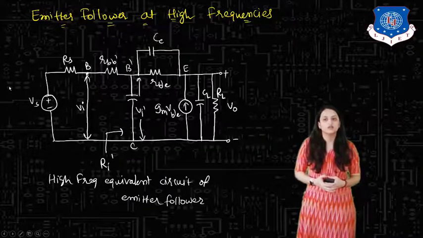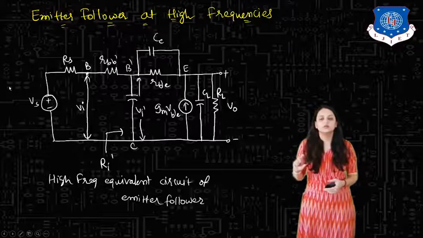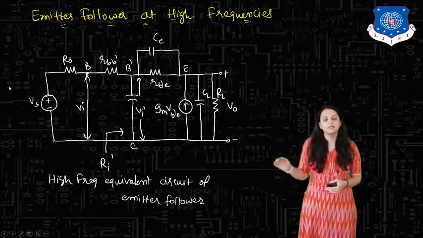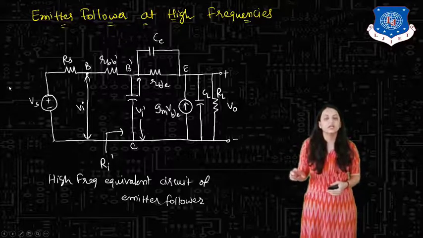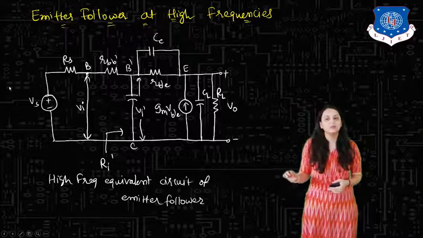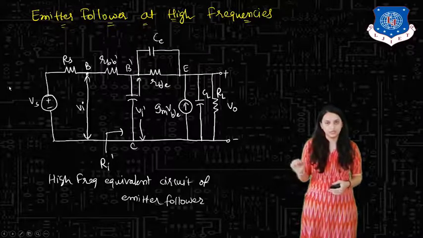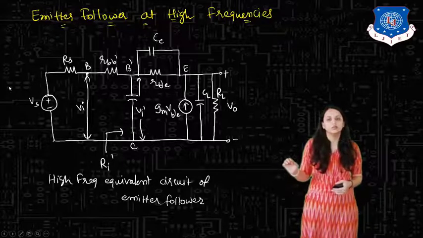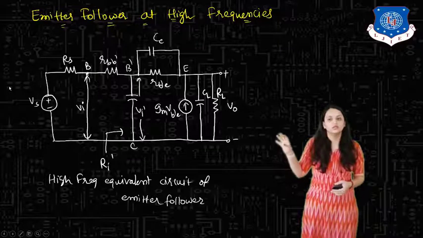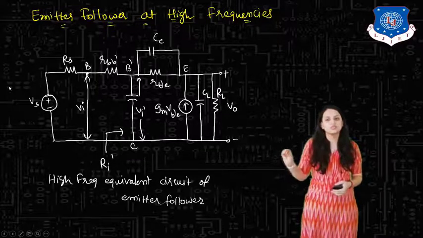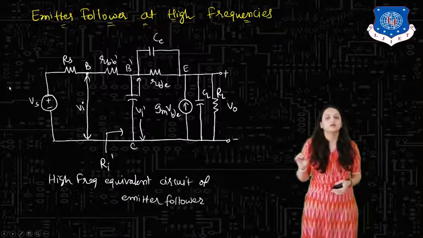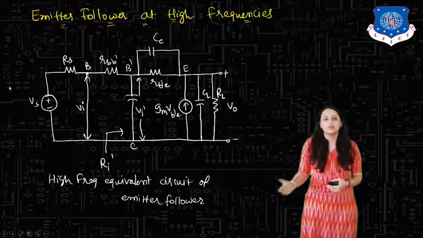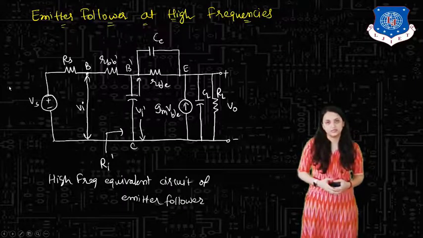This is the circuit where the emitter follower is used at high frequencies, where the source voltage Vs is considered, Rs is the source resistance, Vi is the input voltage, and rbb' is the resistance connected between the B and B' terminals. Vi' is the input voltage with respect to the two capacitors, and the current dependent source gm Vb'e, and CL and RL are the output components, capacitor and resistance respectively.